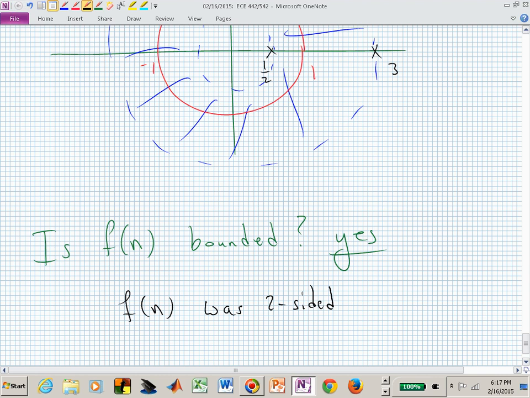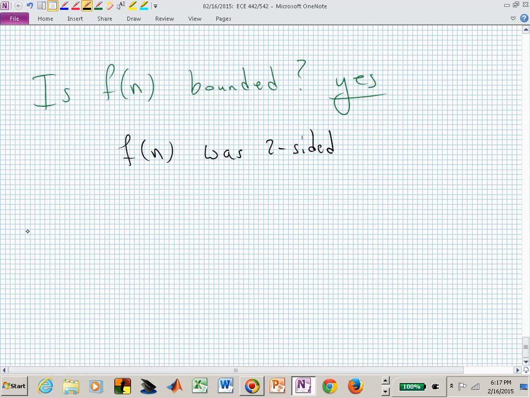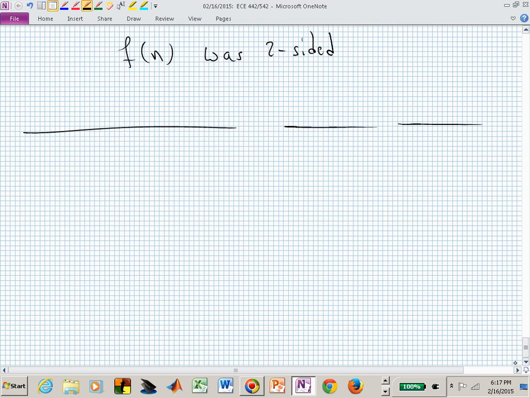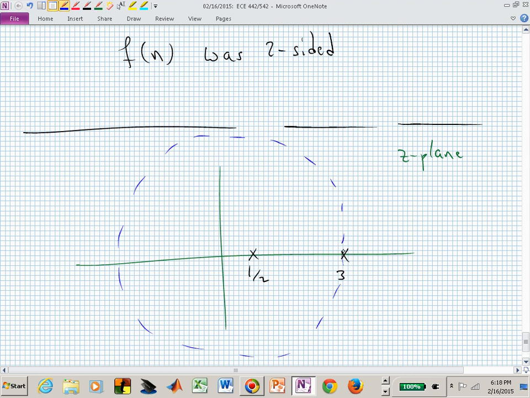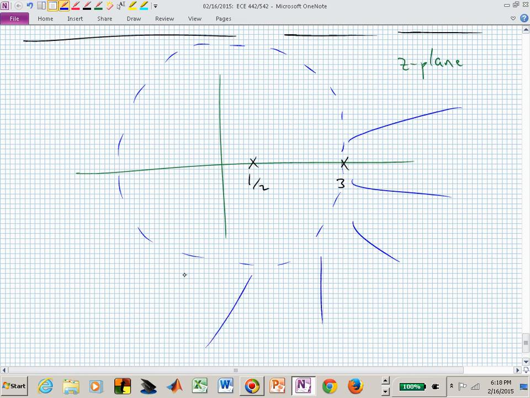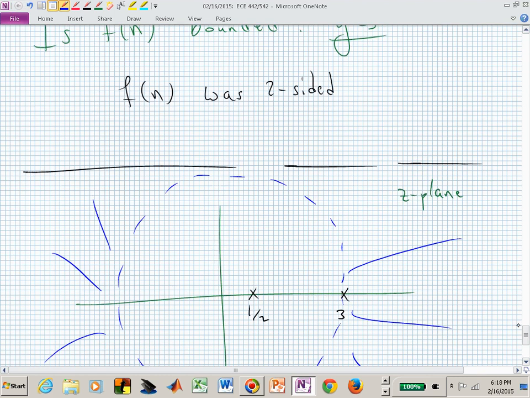What if I gave you another region of convergence for those same two poles? Suppose that I now gave you the following. Here is 1/2. Here is 3. This is the z-plane. And now suppose that I say the region of convergence is outside of both poles.